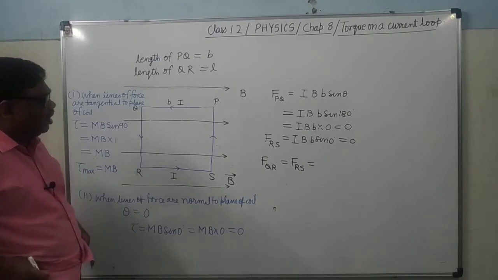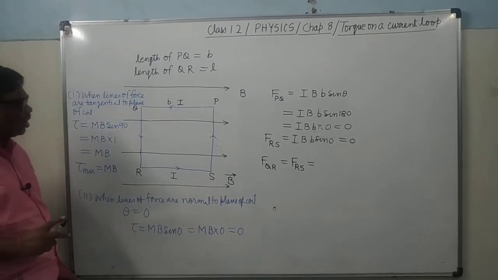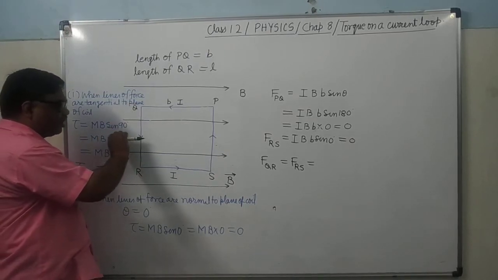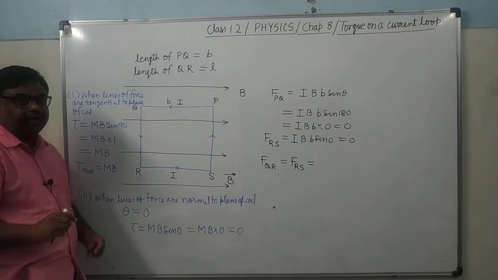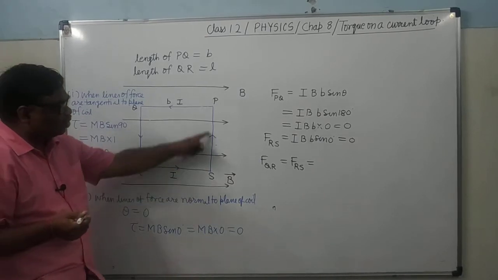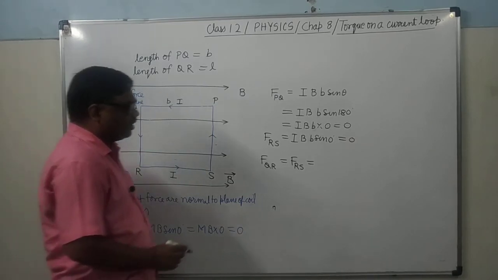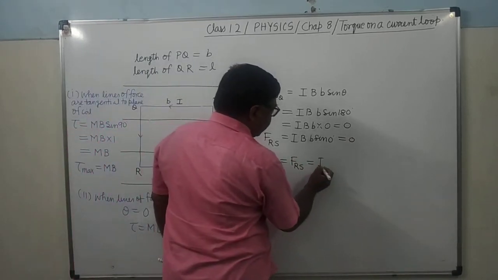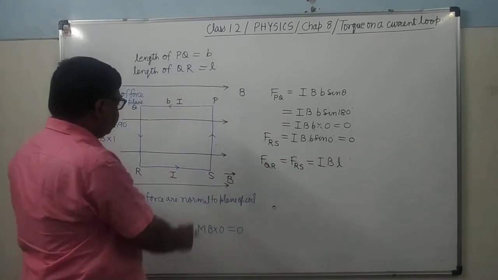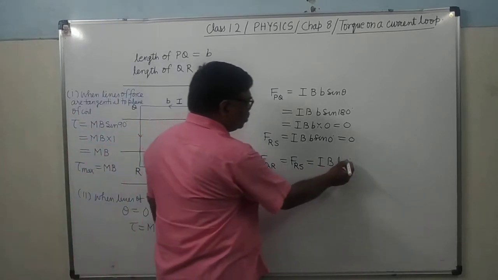Now what is the force acting on QR or on PS? You can see here, current is flowing downward and magnetic field is this way, so the angle will be 90 degrees. Here also current is upward, magnetic field is this, theta will be 90 degrees. So what will be I into B into L, because the length of these parts is L, into sine 90.